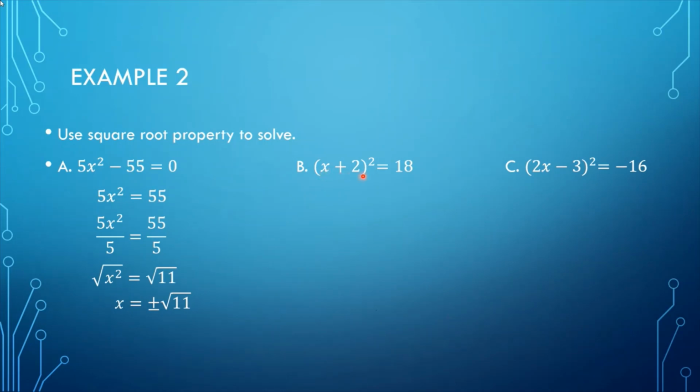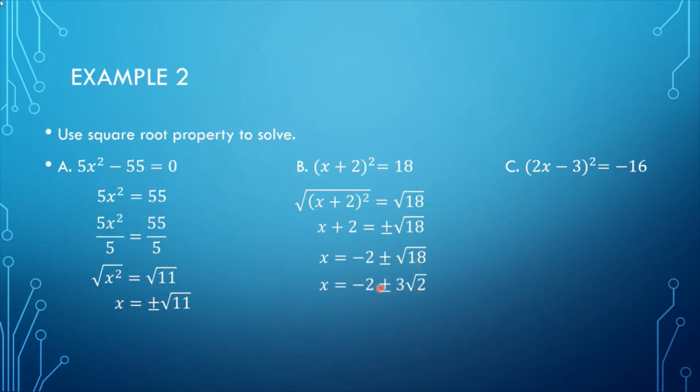For b, take the square root of both sides. You want to do the opposite, so you want to cancel that square out. So cancel those out, you end up with x plus 2 equals plus or minus square root of 18. I want to simplify the 18, 9 times 2. I subtracted 2 from both sides.